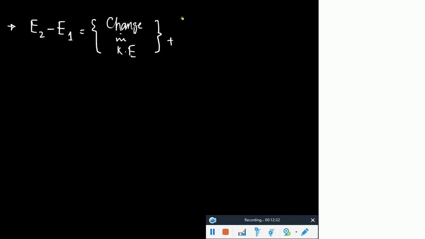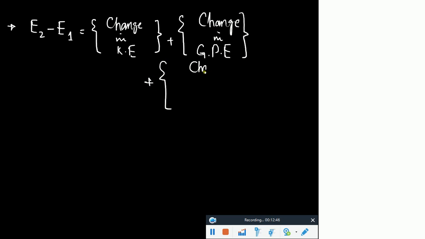What we can see is, if I describe in any thermodynamic process the change in energy for any system, E2 minus E1, you can say that it would be a combination of three things: change in kinetic energy, change in gravitational potential energy, plus change in internal energy.